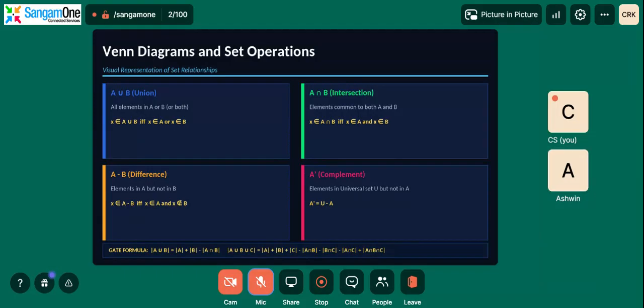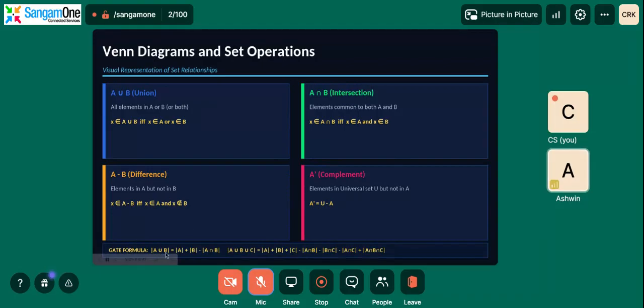So A complement is the universal set minus A, which corresponds to irrational numbers. Both rational numbers and irrational numbers go to the real number set.